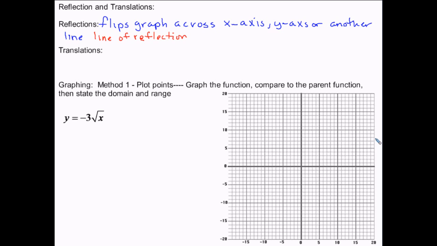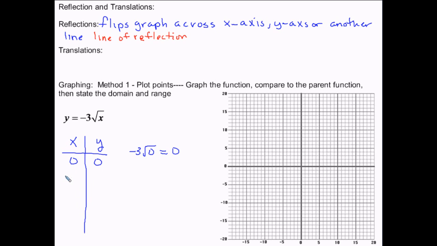This is what that looks like. We take our dilator, except it makes it negative. So when I plug in x and y, if I plug in 0, I get negative 3 times the square root of 0, which is still 0.